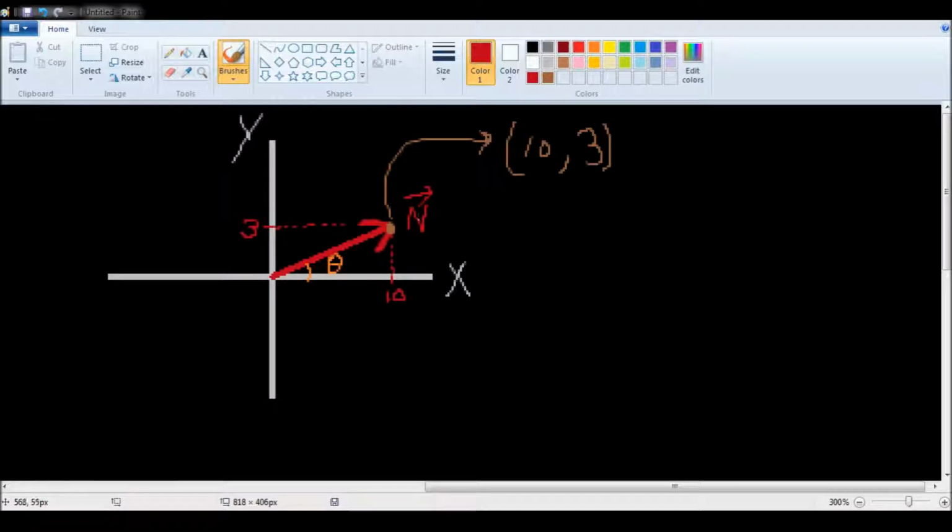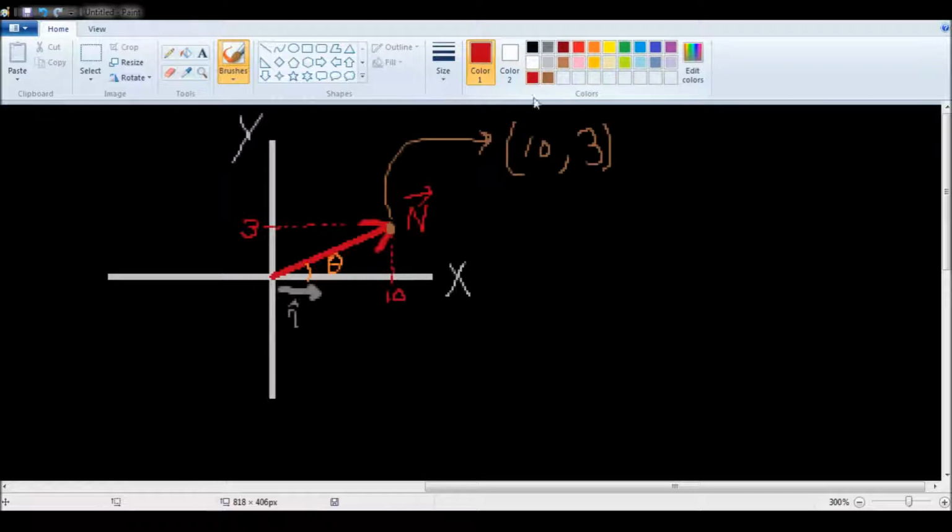So now I can say that this is 10 units pointing in the i hat direction.